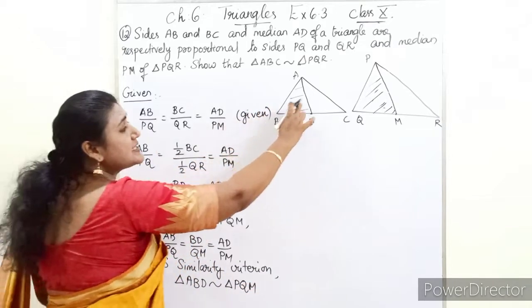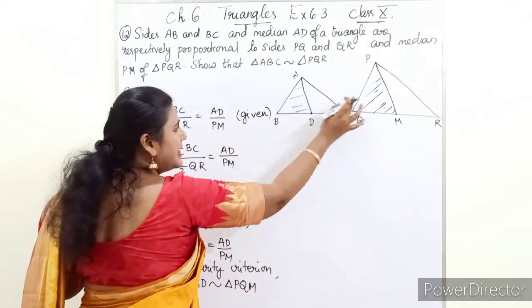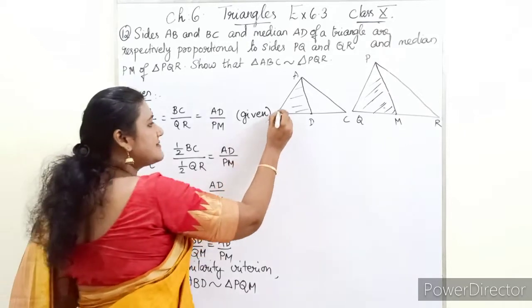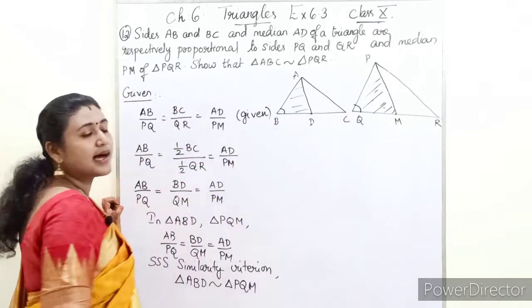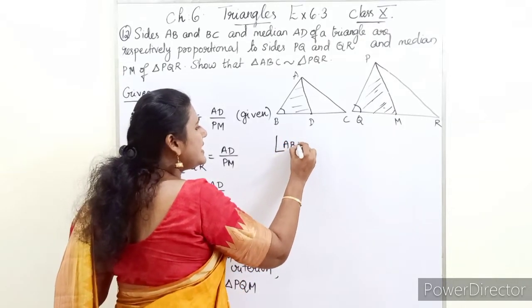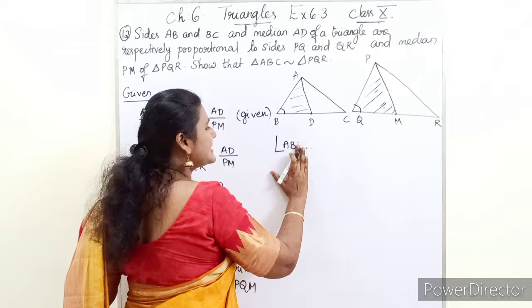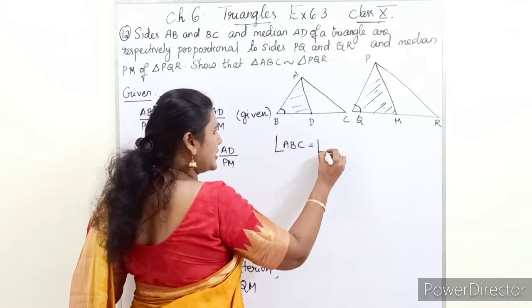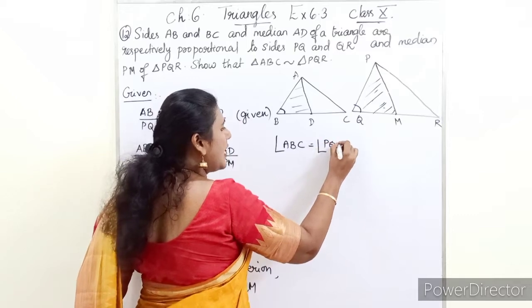So since these two triangles are similar, what about the angles? Angles are equal, that is this angle and this angle are equal. So we can write angle ABD, that is angle ABC, is equal to angle PQR.